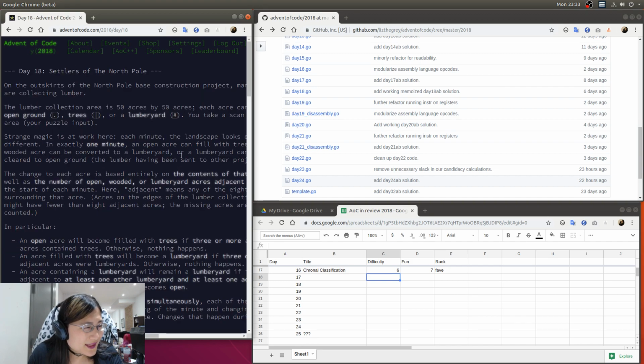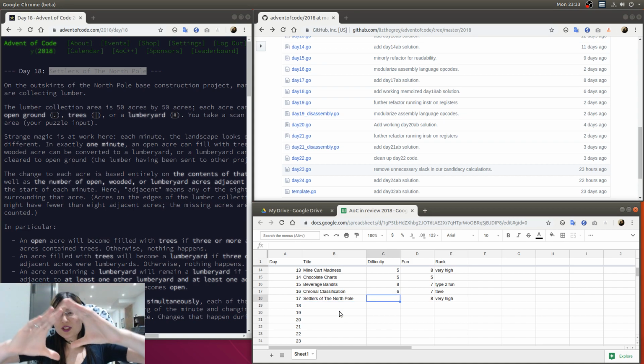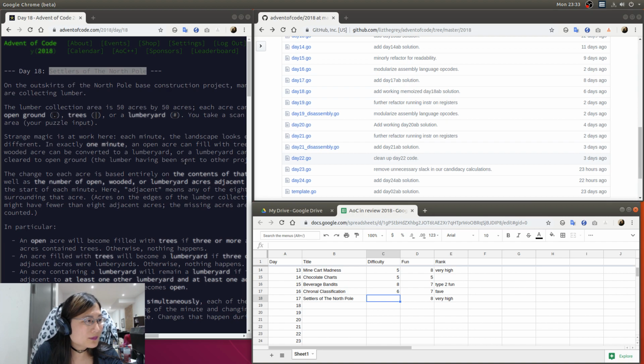What happened in day 18 was definitely an extremely fun puzzle. This was definitely, I think, one of my favorite puzzles. Depending on what happened in your neighboring tiles, you would flip the kind of tile that you were, so it was almost a game of life type puzzle.